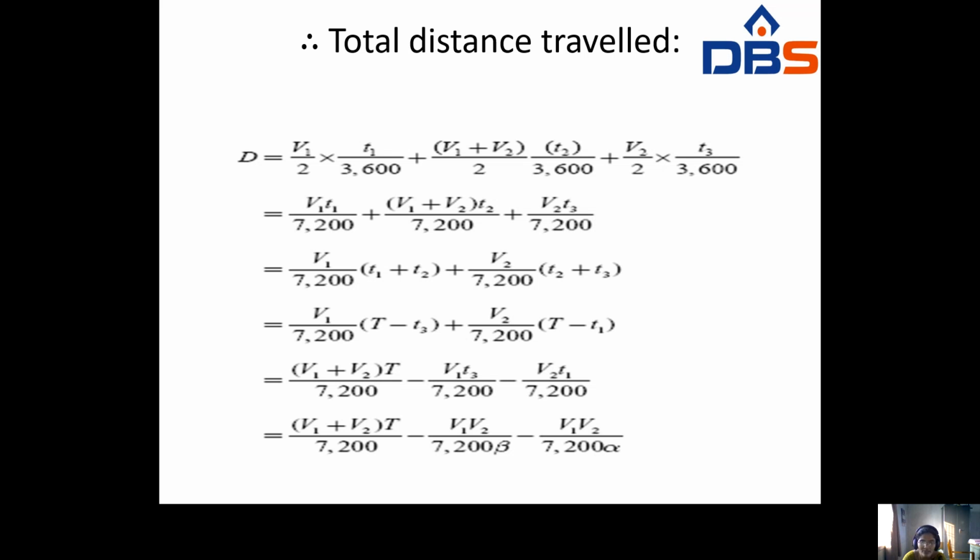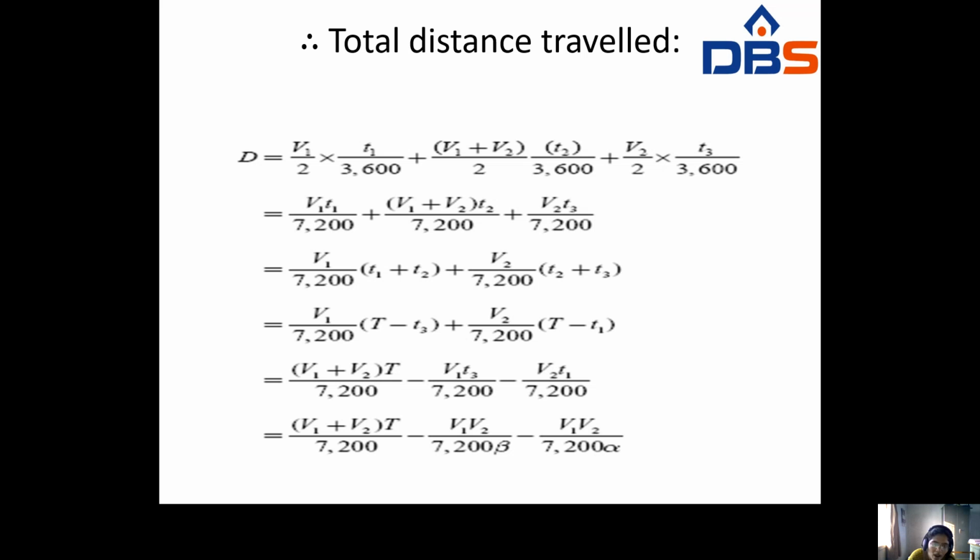In all you take 7200. So it is split: V1 T1 by 7200, plus V1 T2 by 7200, plus V2 T2 by 7200, plus V2 T3 by 7200.